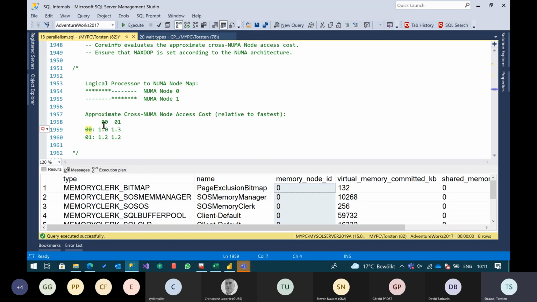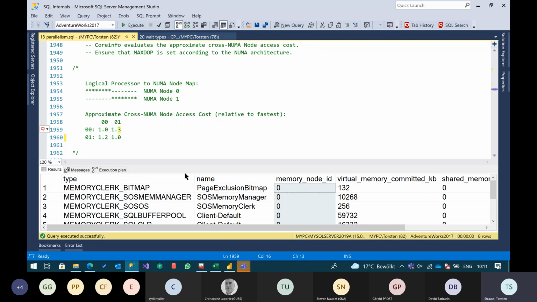This is NUMA node 0 to NUMA node 0. This is the internal cache. Honestly, I guess this is a bug. It should be 1 as well, because NUMA node 1 to NUMA node 1 means we are using the cache. There is no latency. But when I now want to exchange data between NUMA node 1 and NUMA node 0, we can see we have a latency of 20, a latency of 30%.